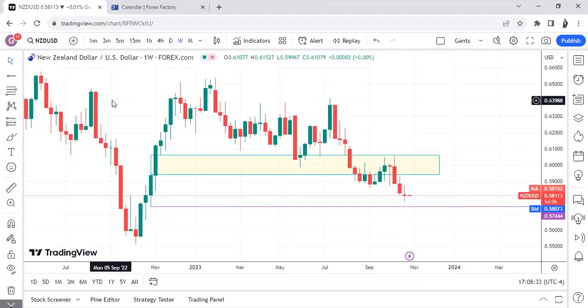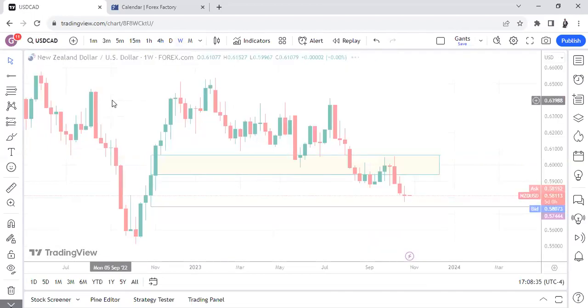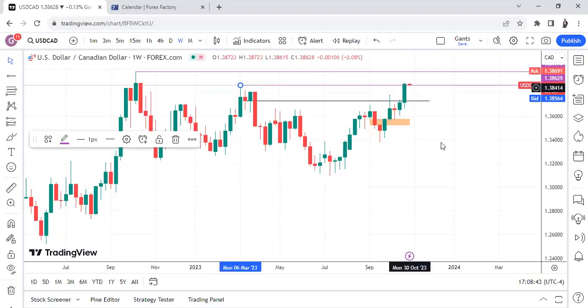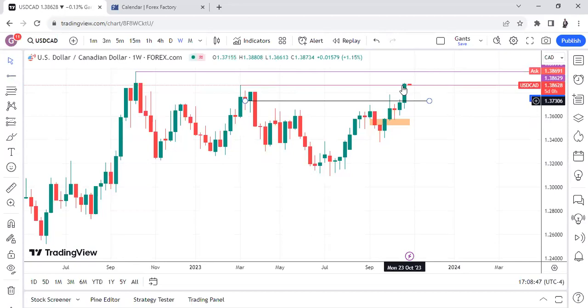Okay, the next pair is our USD CAD. So last week I wanted it to trade to this line here, this high, and it gave us that perfectly well, traded to it, and see how it was animated to the upside. I told us that this movement lower filled its inefficiency.